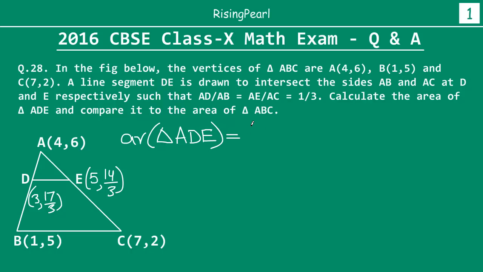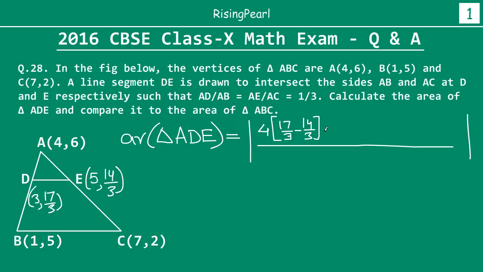This is the absolute value of the formula, as we discussed. First we take A: the x component 4 times 17 by 3 minus 14 by 3, plus the x component 3 times 14 by 3 minus 6, plus the x component 5 times 6 minus 17 by 3, and this entire thing is divided by 2.